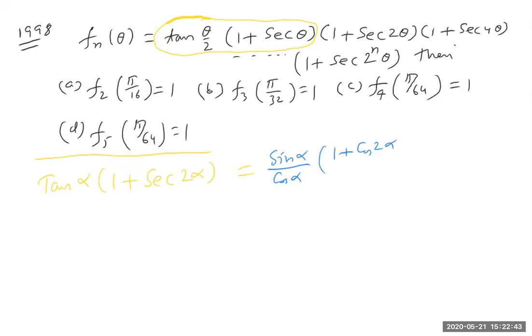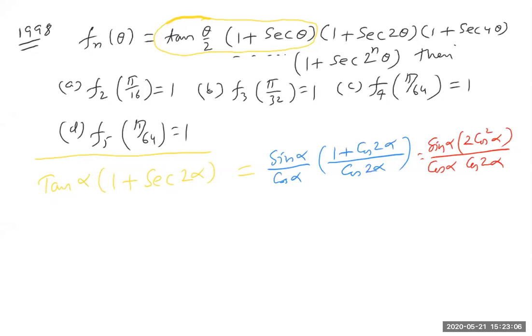So 1 plus cos 2 alpha upon cos 2 alpha. Okay. 1 plus cos 2 alpha is 2 cos square alpha. So you can write sin alpha into 2 cos square alpha upon cos alpha cos 2 alpha.